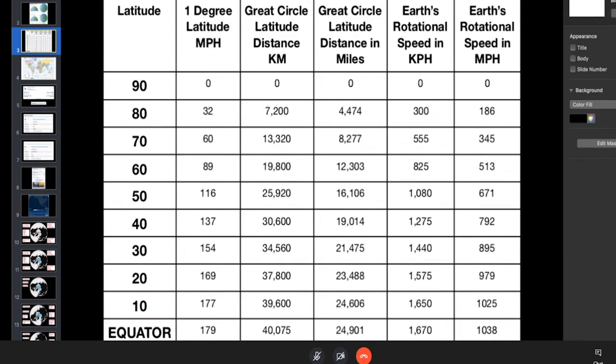I think most of you are probably pretty familiar with this, but if not, you can easily look it up. And then there is the number of miles of the distance between the longitude lines at those areas. So the Earth's getting fatter and faster.